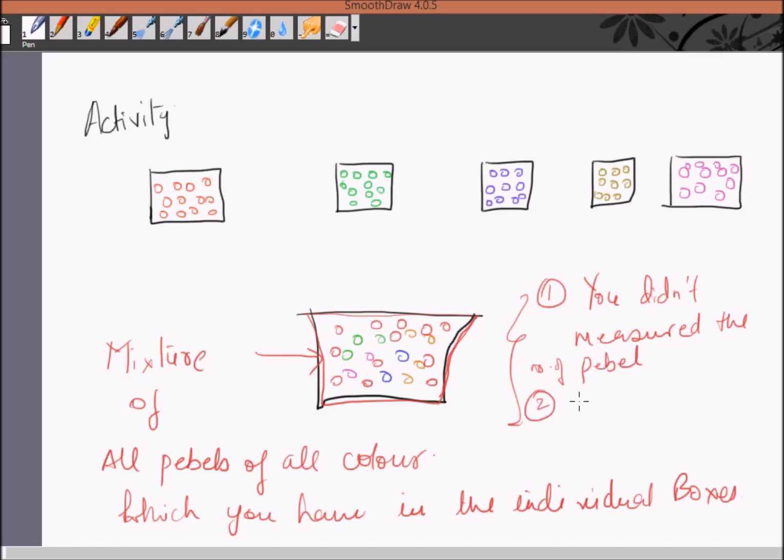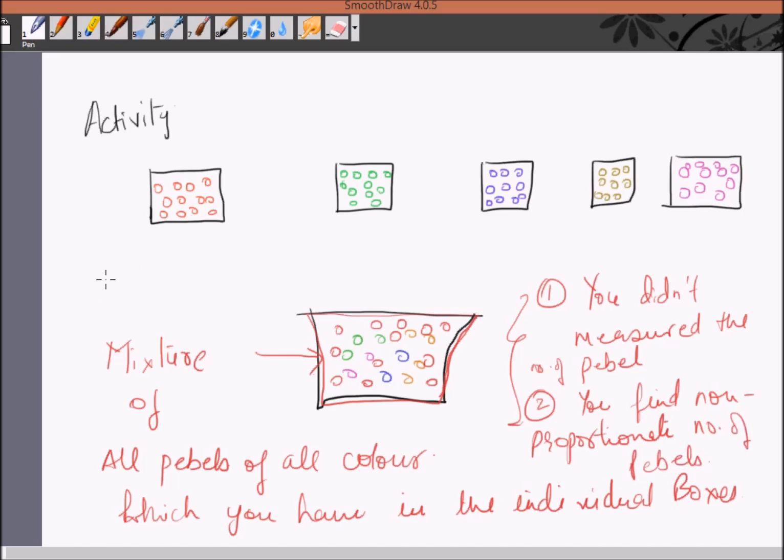Second, you find non-proportionate numbers of pebbles.